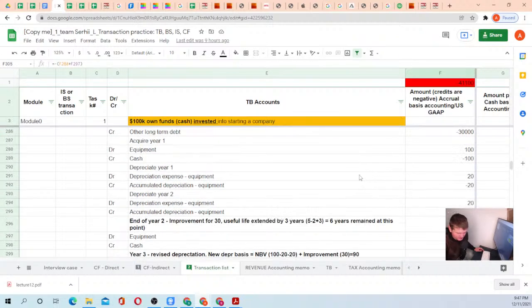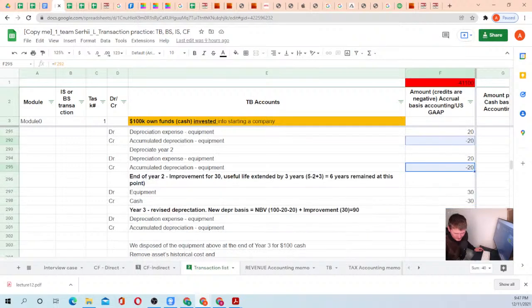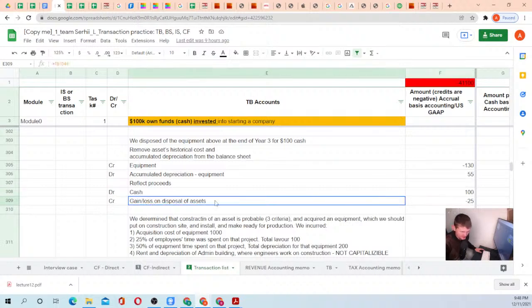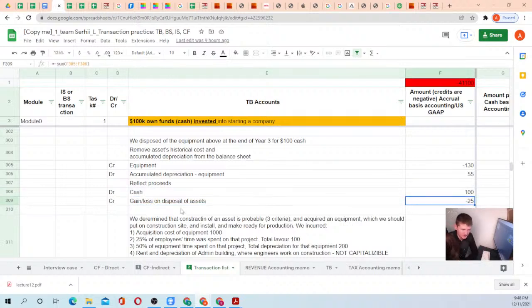And while the asset was in use, we incurred $55 of accumulated depreciation, and we debit accumulated depreciation. So we are basically removing whatever is on our books for that asset. Then we debit proceeds. In our case, that was cash. And then as a balancing number, we credit gain or loss for that asset.